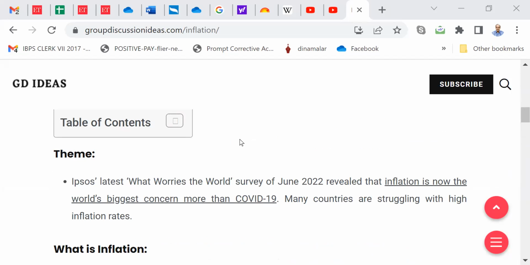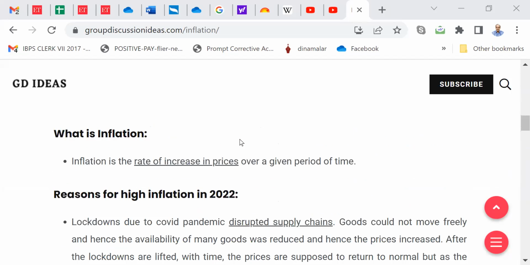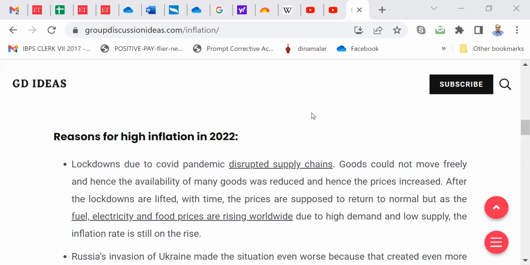Yes, sir. Very good. Now, Nofal, can you start reading from here? What is inflation? Please read. What is inflation? Inflation is the rate of increase in prices over a given period of time. Good. Reasons for high inflation in 2022. Lockdowns due to the COVID pandemic disrupted supply chains.